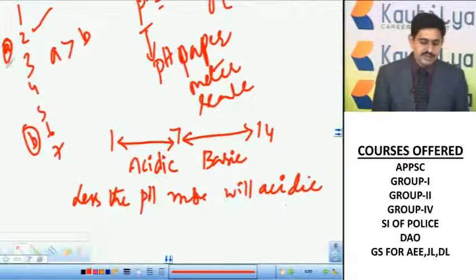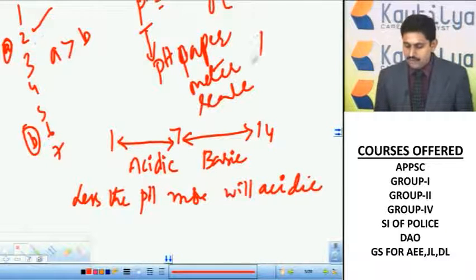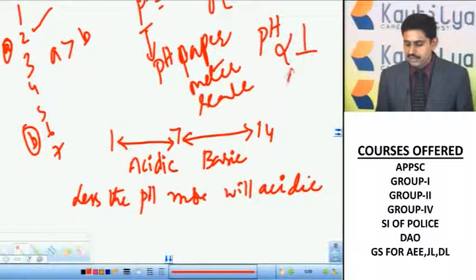So a solution with pH 2 and a solution with pH 4, which is more acidic? The solution with pH 2 is more acidic. As the pH increases, acidic character decreases. Okay.